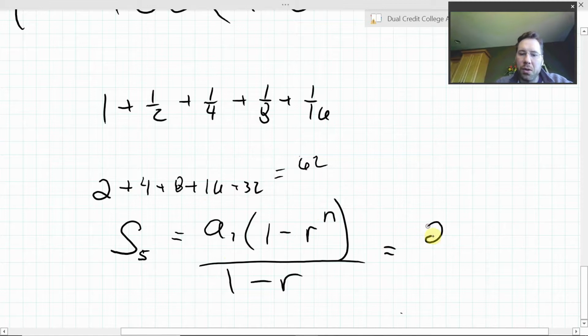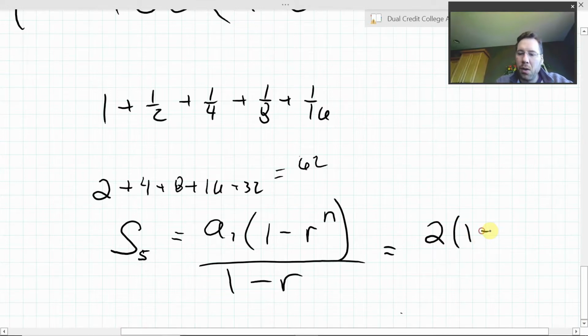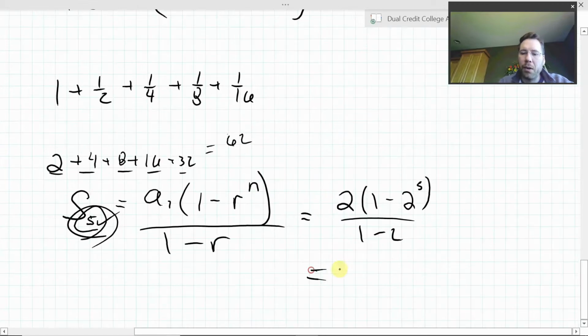So it would say the first term is 2 times 1 minus R, again, which is 2. That's a coincidence that A1 and R are 2. That's just the one I picked. And to the n power. So n is how many things we're adding, really, because it's the sum of the first 5 terms. So n is going to correspond to that subscript. So 2 to the 5th, all over 1 minus 2. And so if we simplify that, we get 2 times the quantity, 1 minus, so 2 to the 5th is 32.